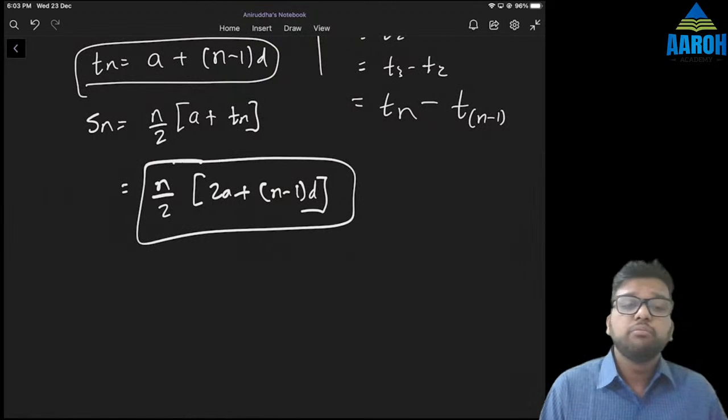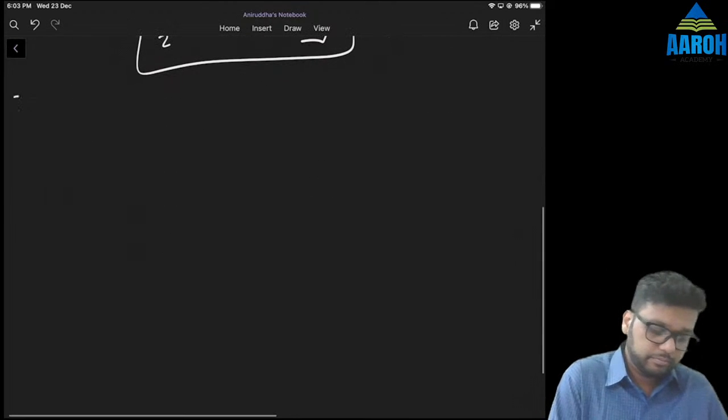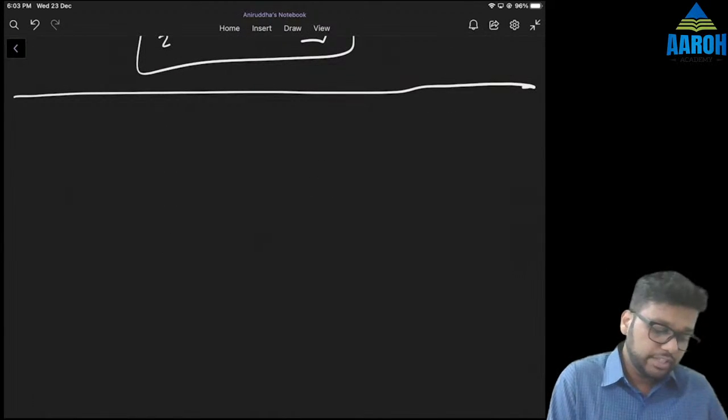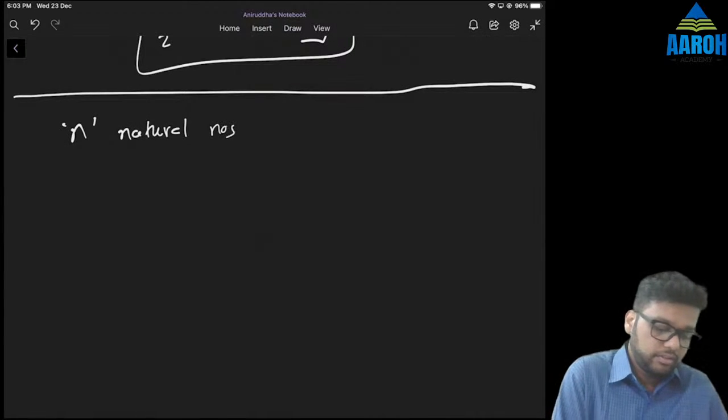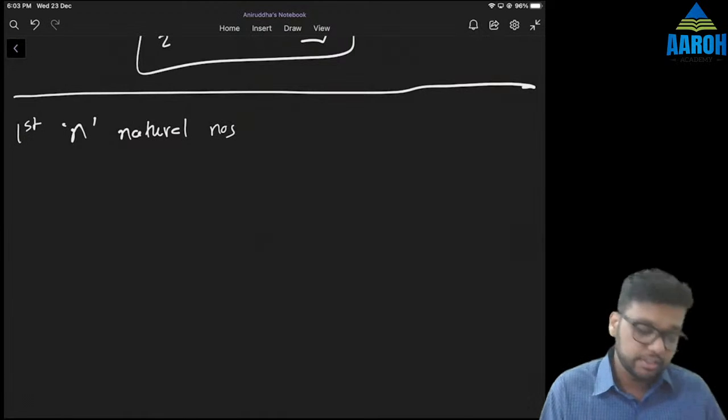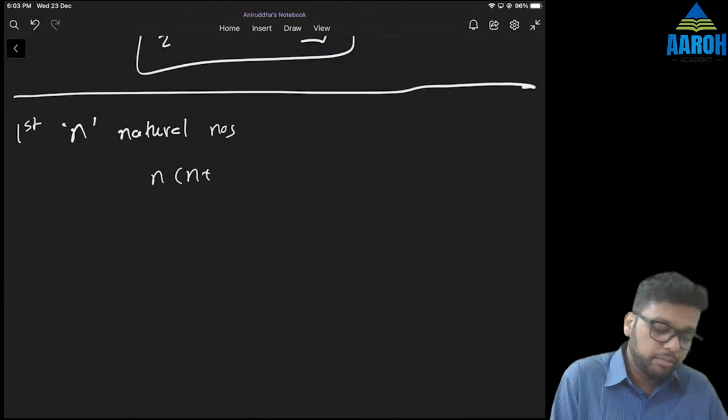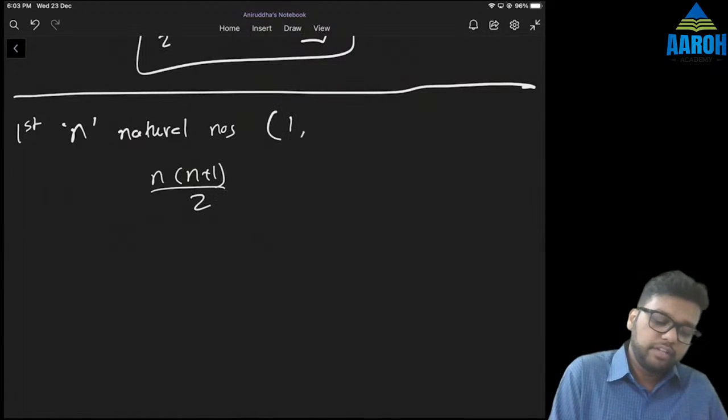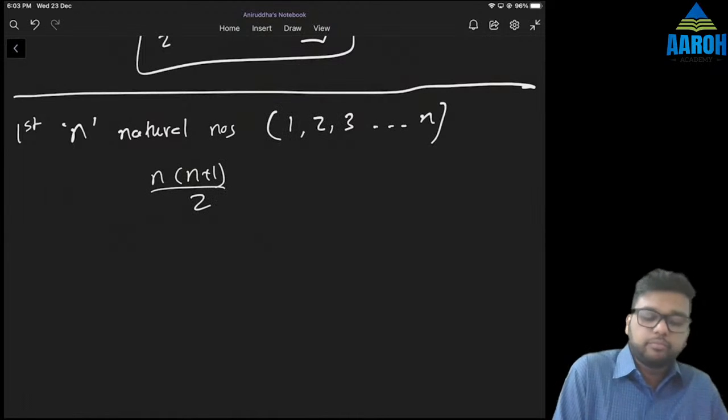Then some more important formulas. The sum of the first n natural numbers is n into n plus 1 upon 2, that is 1 plus 2 plus 3 up to n.